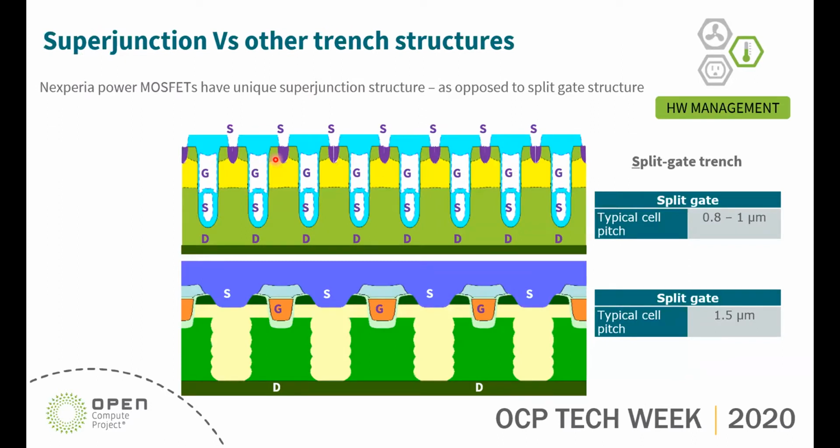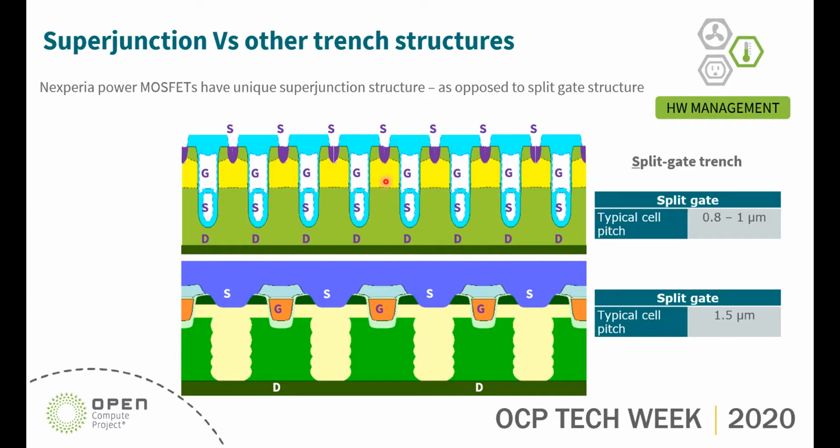Now, how do we overcome those issues with hotspots and thermal runaways? We look at the actual technology that Nexperia uses, called superjunction, as opposed to other trench structures. On the top here is what we refer to as a split gate.